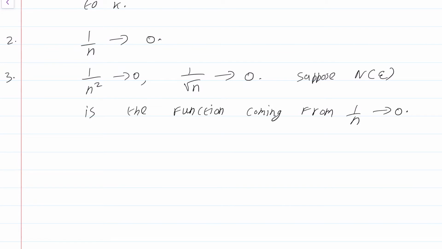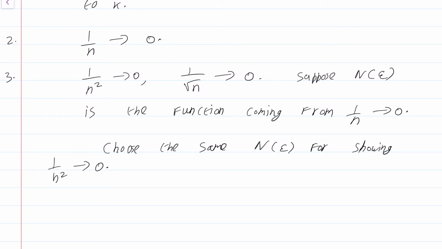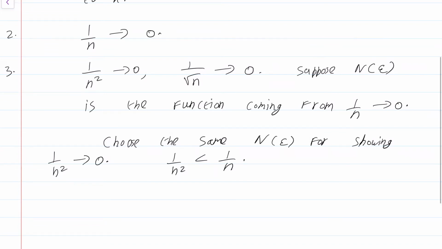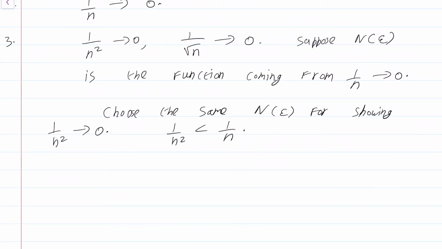Now, choose the same N of epsilon for showing 1 by n squared goes to 0. The same will work. Why will the same work? Because 1 by n squared is less than 1 by n. That's the reason. So the same N of epsilon will work.